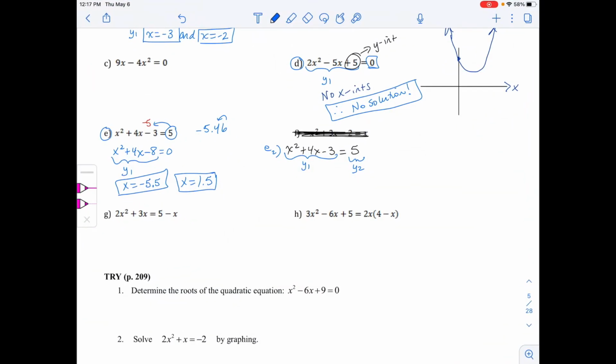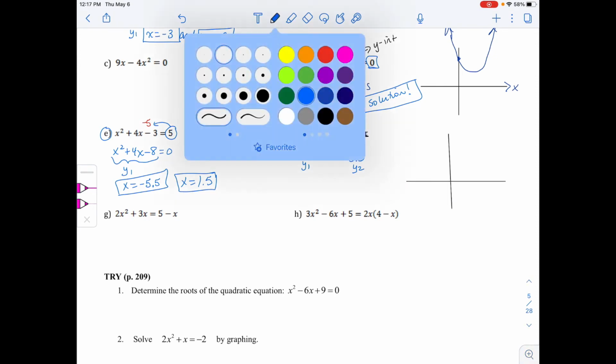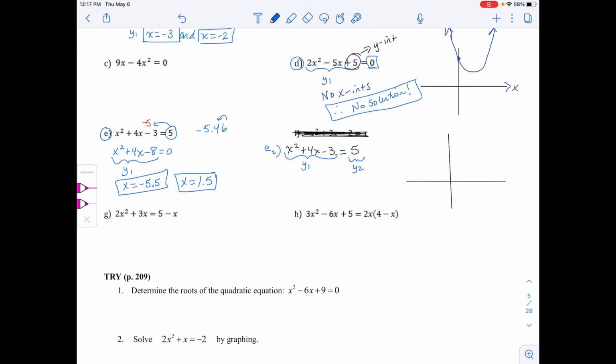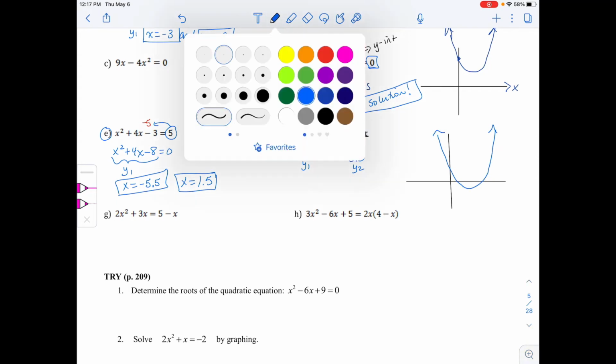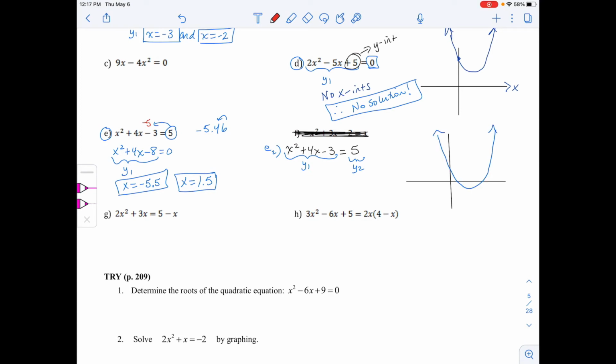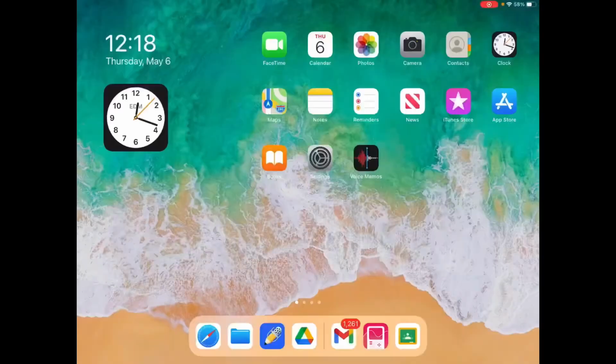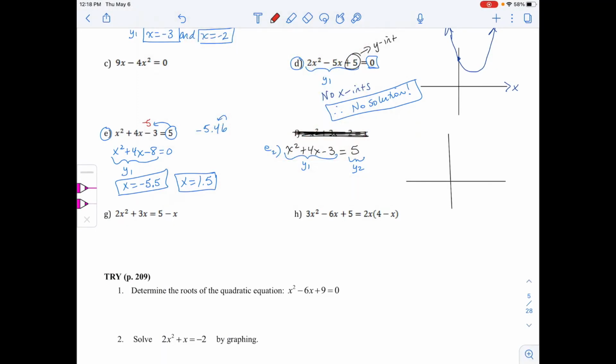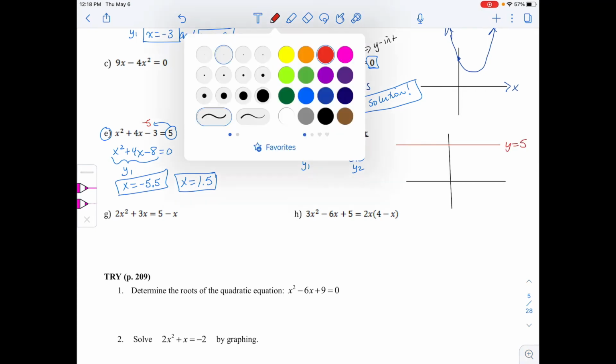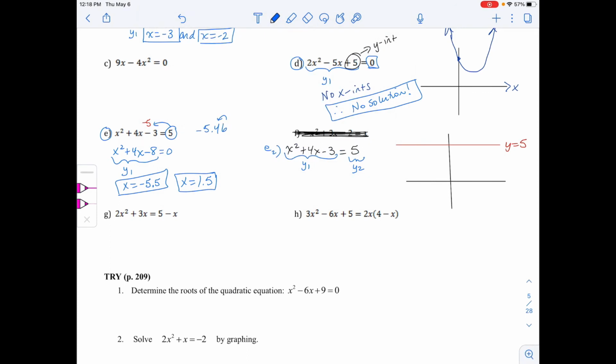So in this case, what we've got here is something like this. Let me just fix that, because it was more like this. It was over the other side, sorry. We've got our horizontal line here at y equals 5, and we've got this line here.